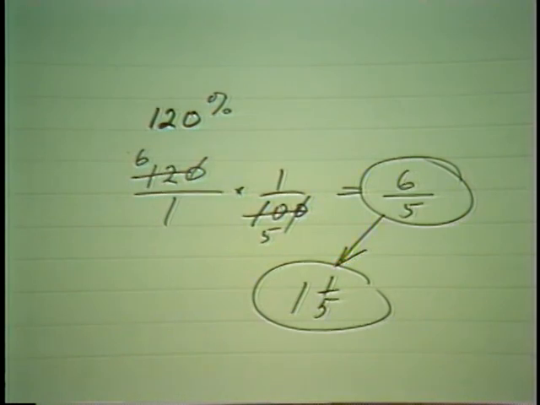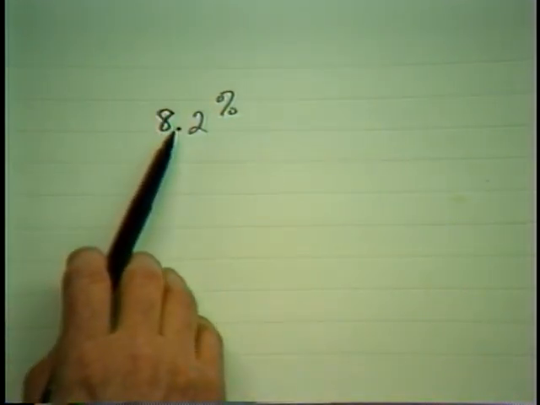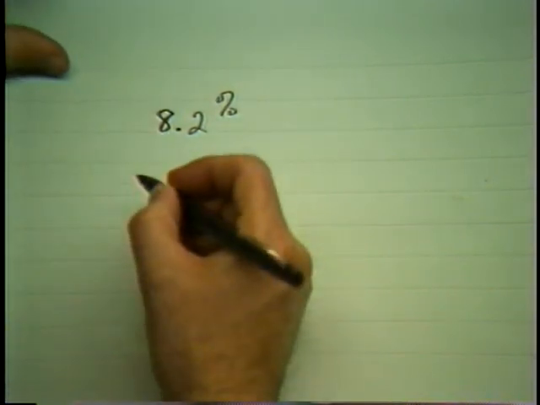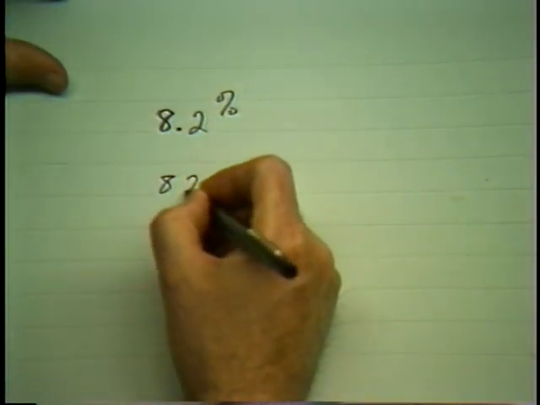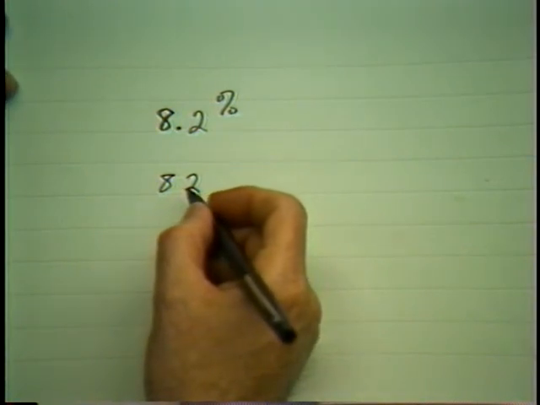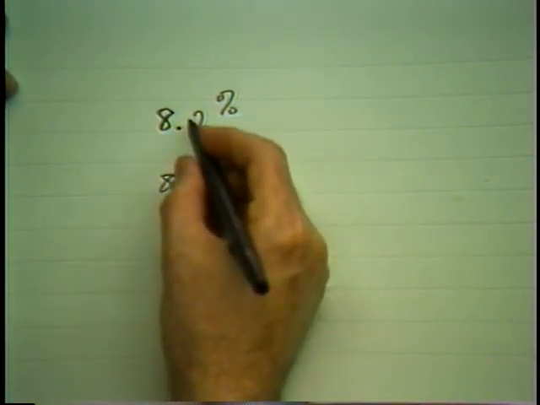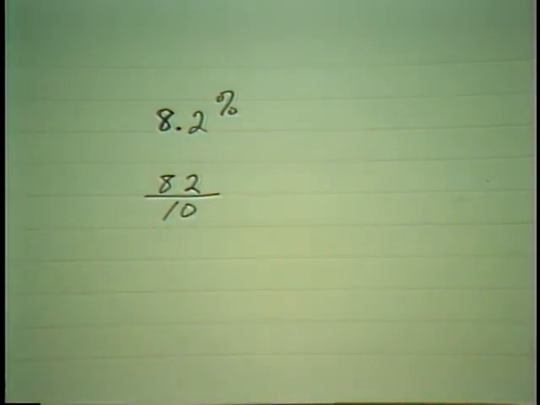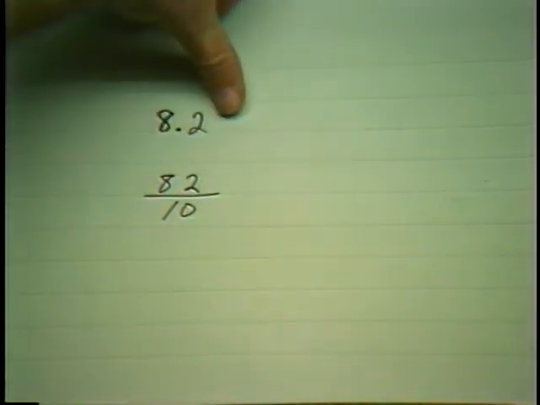Another example. Now see, because of that decimal point, this is beginning to get a little bit messier. But if I were to drop the percent and then change to a fraction, this would be 82 tenths. To remember our trick for that, forget this for a moment.